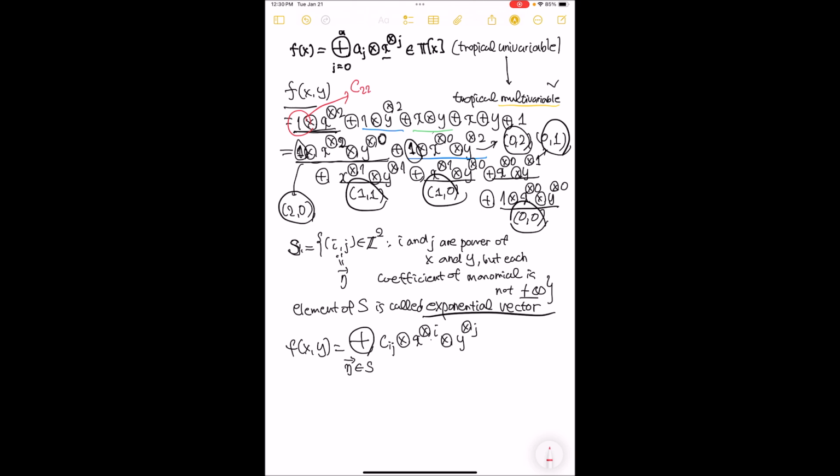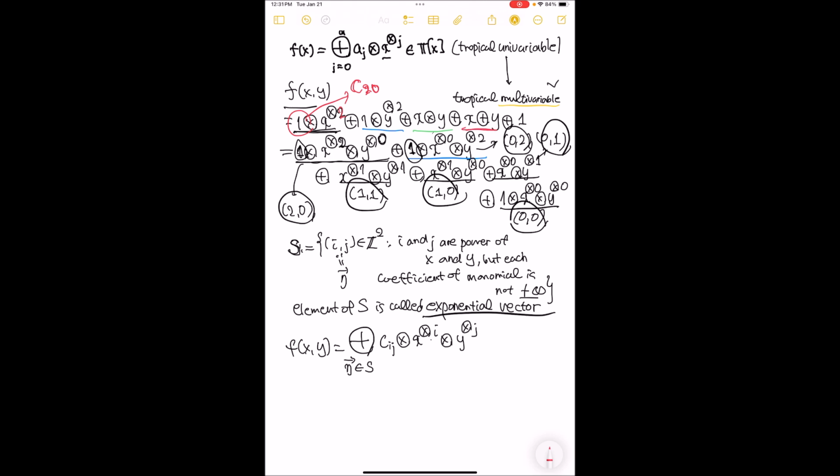Also C20, because the coefficient of x is 2 and y is 0.